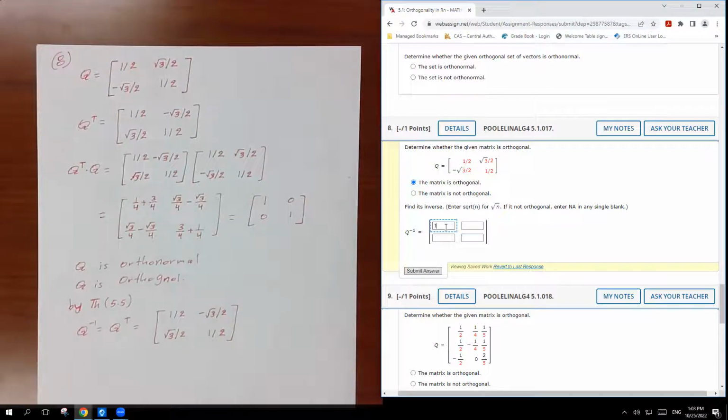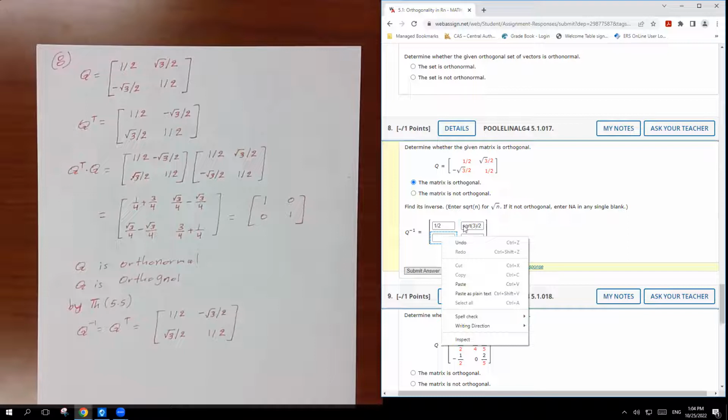1 over 2, and here square root of 3. They're telling you to enter SQRT for this one, so we have to write down SQRT as square root of 3. And here we're going to type the same thing, the square root of 3 divided by 2.